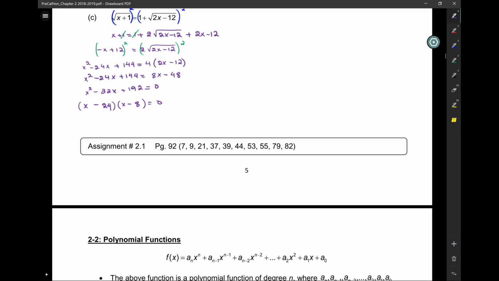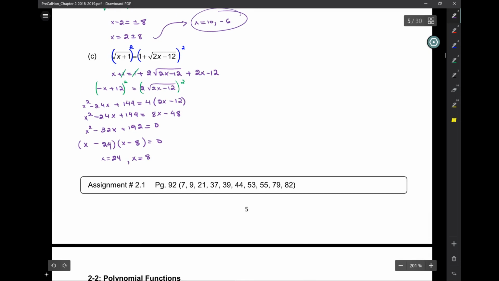Okay, so now we get x equals 24 and x equals 8. Well, let's see. So x equals 24, right? So we're going to get here the square root of 25. And is that equal to 1 plus the square root of 48 minus 12? Yeah?